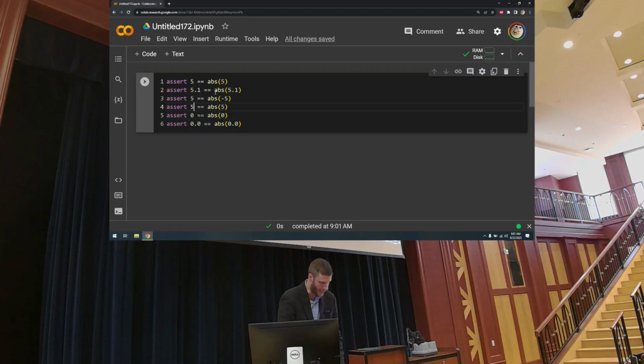We want our tests to be thorough. And they're all going to pass. Yay, good. Any questions about what you see here? I've barely scratched the surface on how we're going to use this, though, but so far, all we're seeing is the assert keyword.